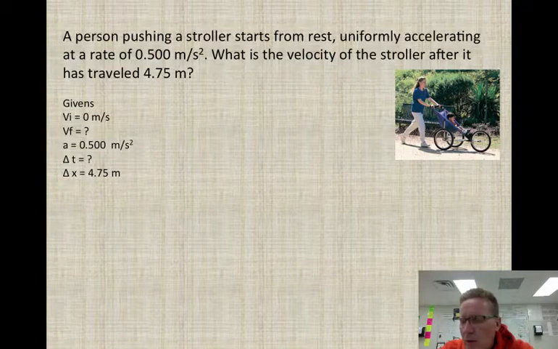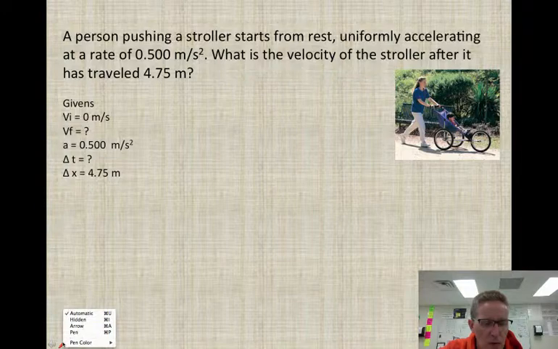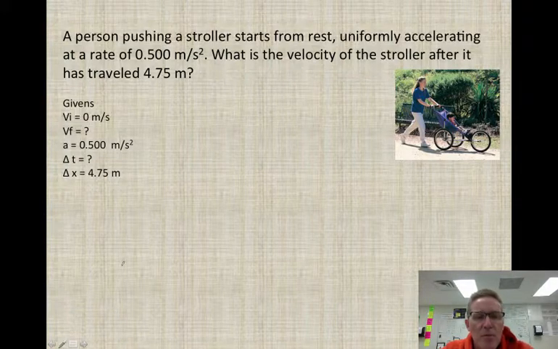Okay, so we're going to do another one of these problems. In this one we have a person pushing a stroller. They start from rest, and they're going to be uniformly accelerating at a rate of 0.500 meters per second squared. And we want to know what is the velocity of the stroller after it has traveled 4.75.